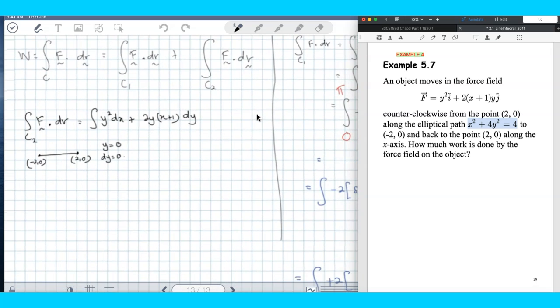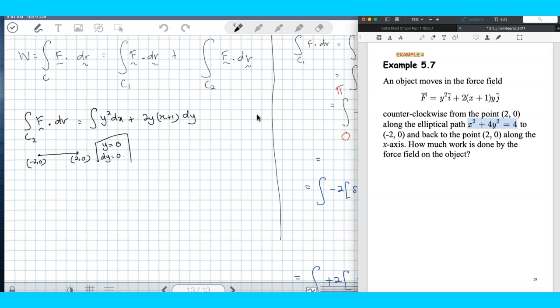Based on the information that we have, y is 0, so 0 dx plus 0 dy, meaning nothing. And then we have 0 dx when we integrate.